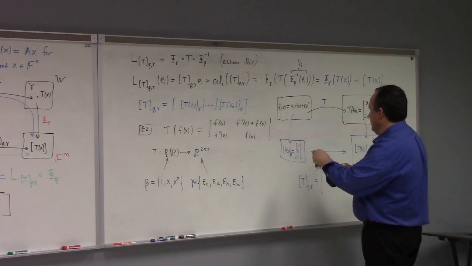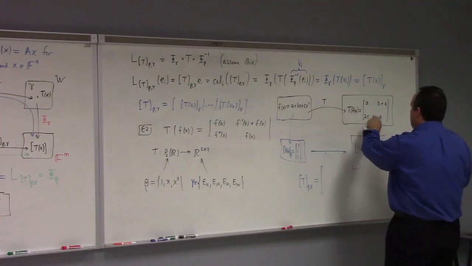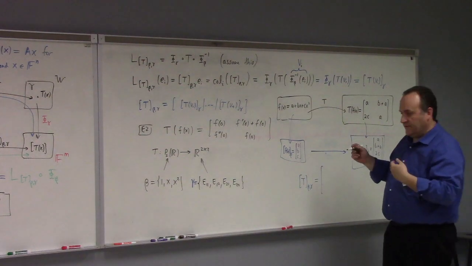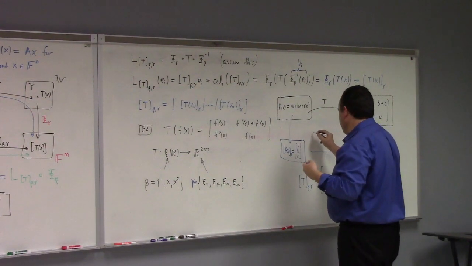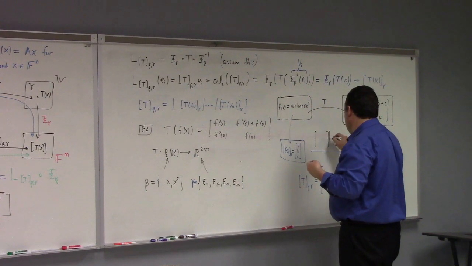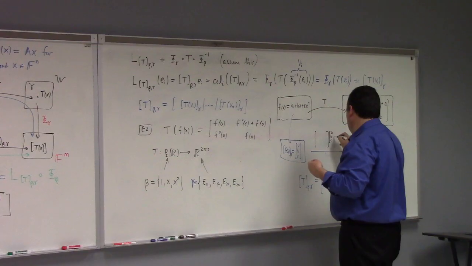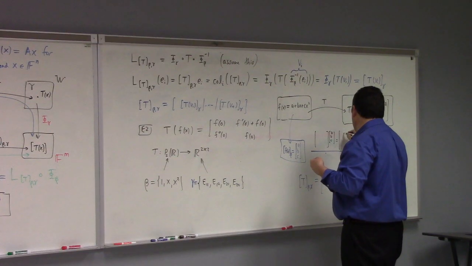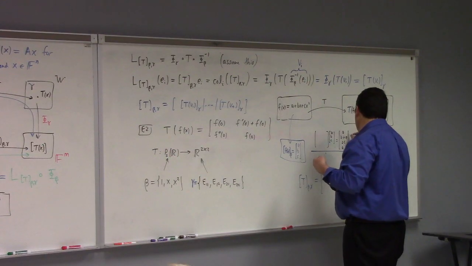So we're going from 3 dimensions to 4 dimensions, so we're looking for a 4 by 3 matrix. So 4 rows, 3 columns. We want it to multiply ABC and to pop out this A, B plus A, 2C and A.